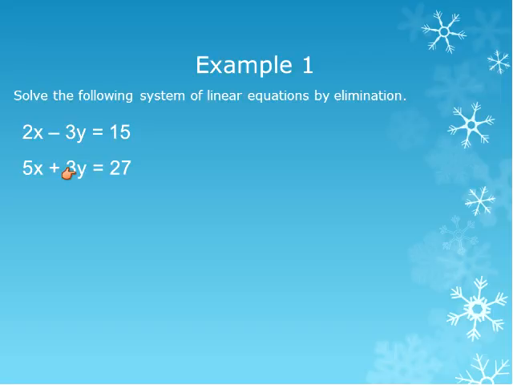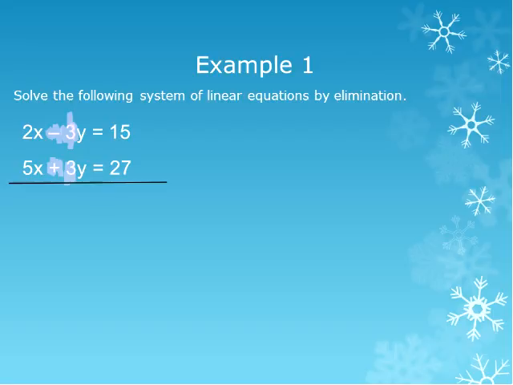Now I notice that it's going to be the y variable because they have the same number in front, right? They both have a 3. Now what I really want to happen is I want one of those to be a negative and the other one to be a positive. Because if they're the same number and opposite signs, then when I add them together, they go to 0. And that's exactly what I want to happen.